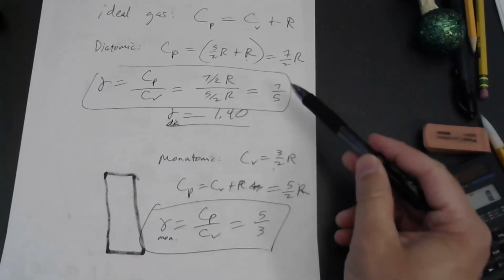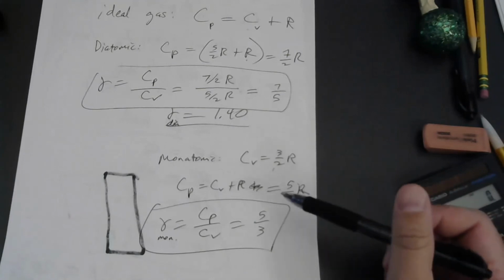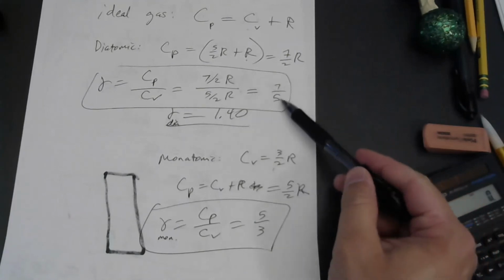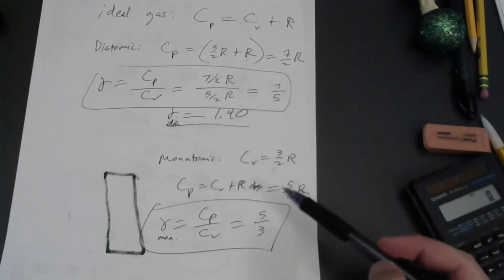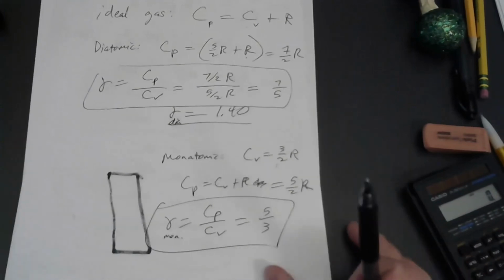I sort of have that memorized because there's an easy pattern there. See, it's just consecutive odd numbers. And as you go up to more degrees of freedom, you're dealing with higher integers. 7/5 for diatomic, 5/3 for monatomic. Those are the theoretical values.